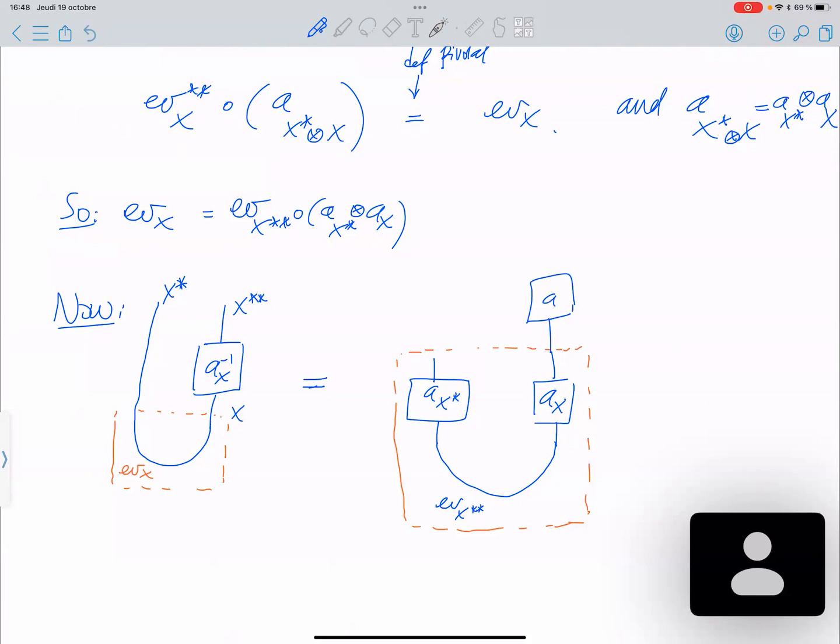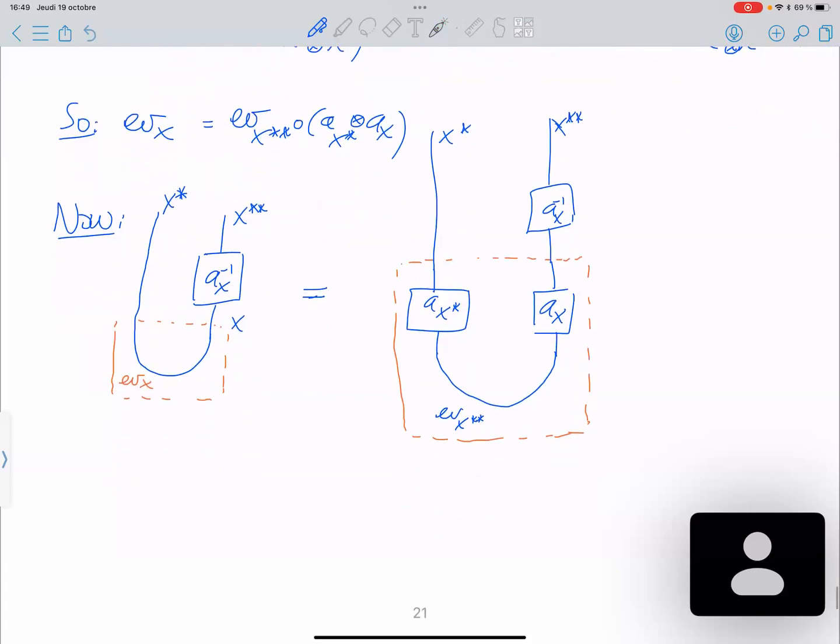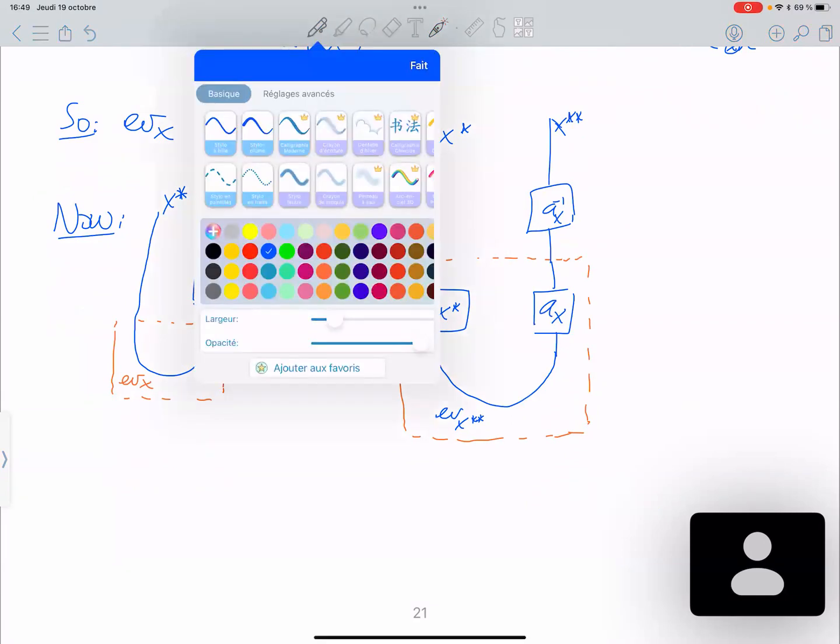A_X inverse, identity here. X star, X double star. And now you simplify the two, one morphism and its inverse. So you simplify, they vanish.